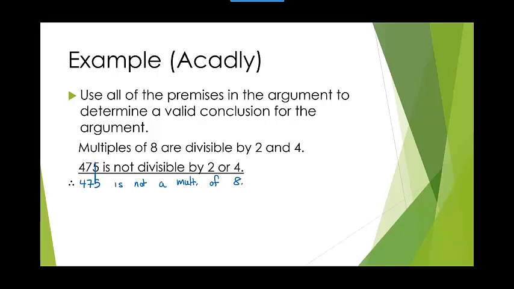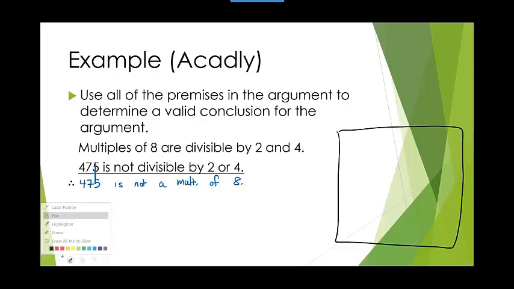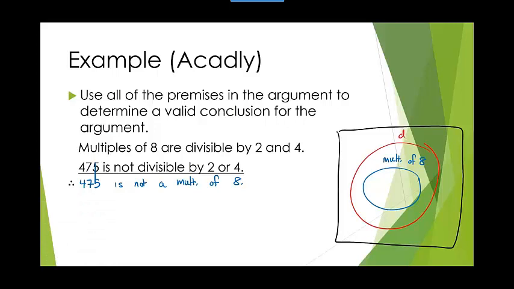But just in case, let's draw the picture real quick. So, your box: multiples of 8 are divisible by 2 and 4. That would mean that your multiples of 8 are inside the circle of being divisible by 2 and 4.